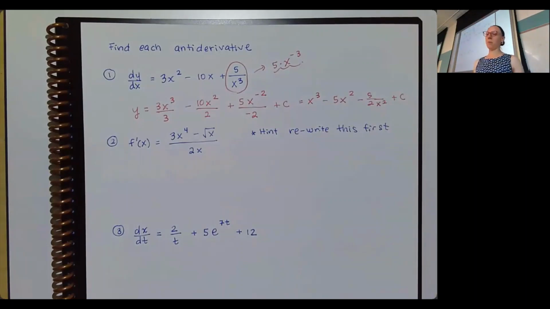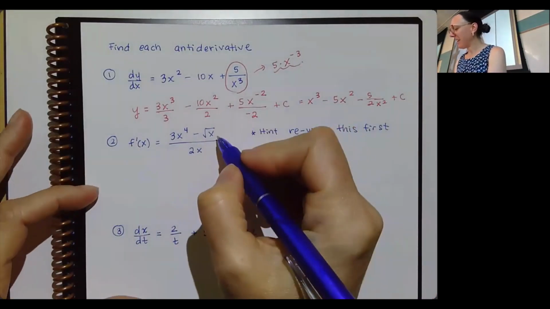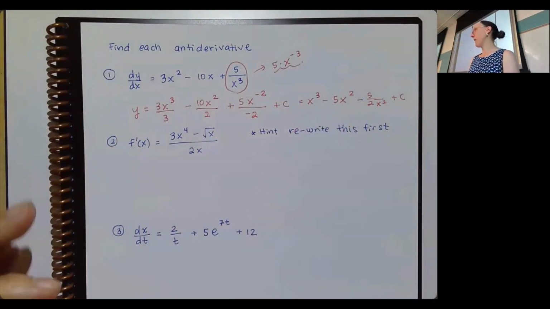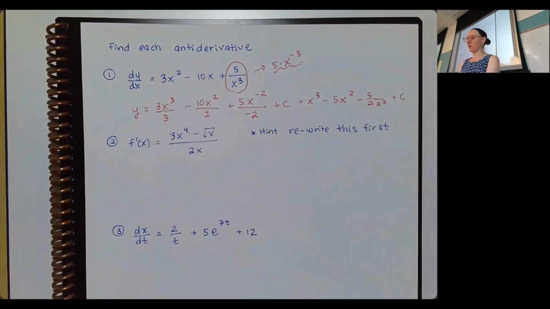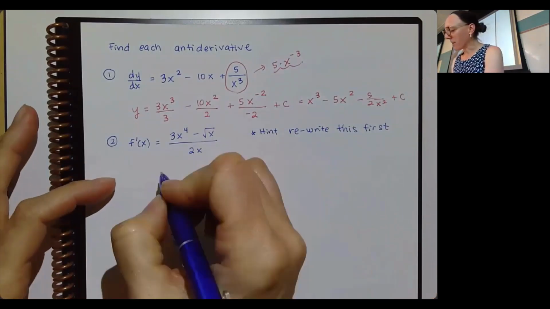Okay, so for the second one, my hint was to rewrite first. And I know I gave us fraction exponents. Fractions are your friend. So if I look at that square root of x piece, that part in particular, I'm going to want to rewrite as x to the 1/2 power. Now, the other thing that I recommend in terms of rewriting it, I'm going to do this in 2 steps.